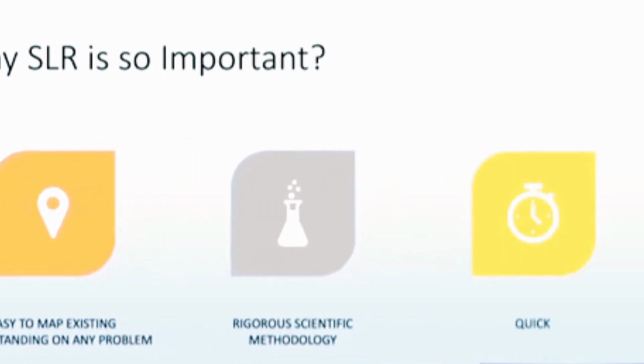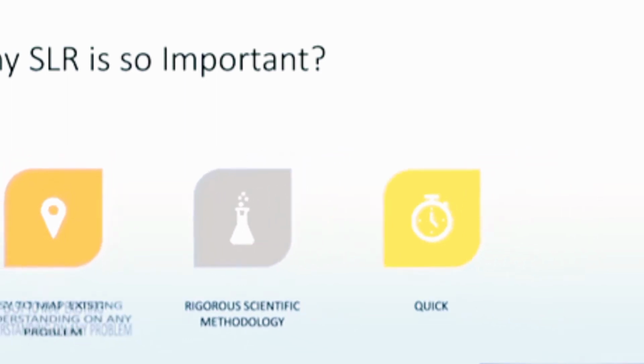Okay, so it follows the scientific methodology, and nowadays with the available databases and the tools available for literature review, data analysis and text mining, we can do systematic literature review very quickly. So that is an added benefit of doing systematic literature review papers.